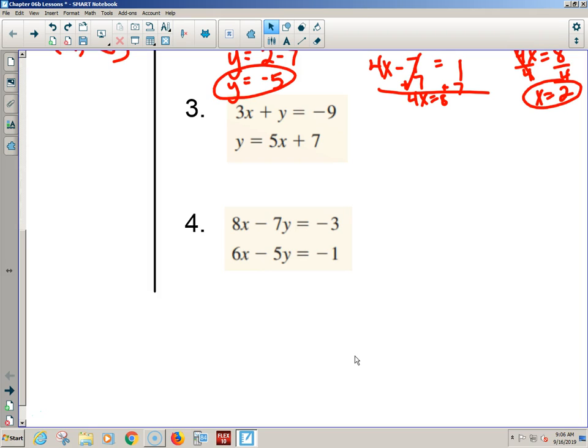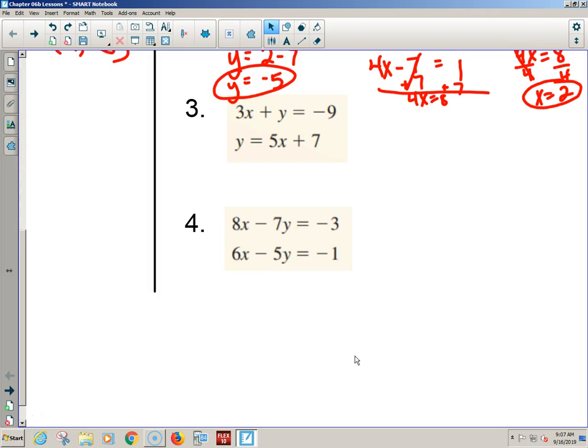No. Wait for it. I watched the other example. Negative 2.